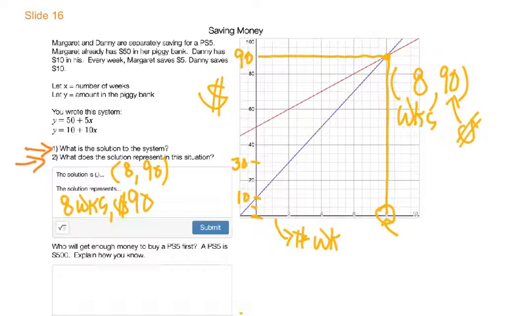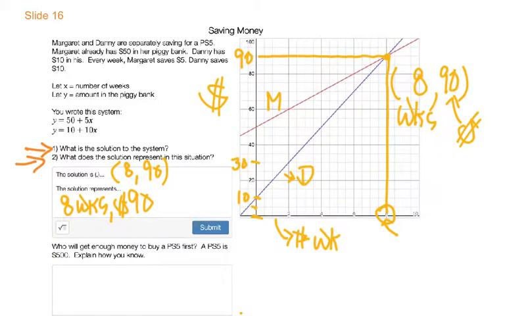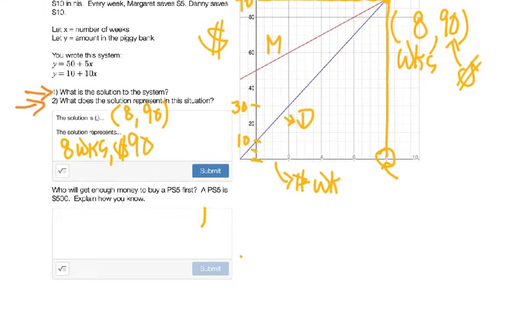So now, remember that the purple graph was Danny and the red graph was Margaret. And that I knew that from my previous slide. So now it's asking who is going to have enough money to buy the PS5 first. And just so you know, PS5 is $500.